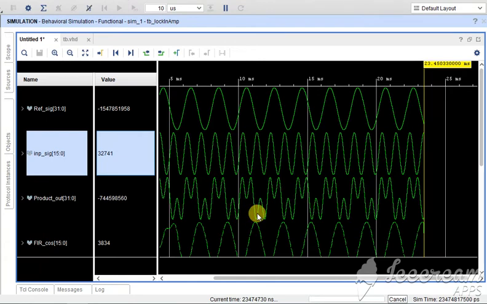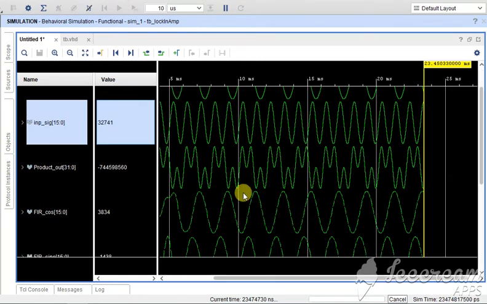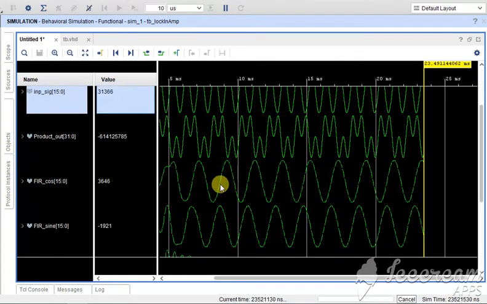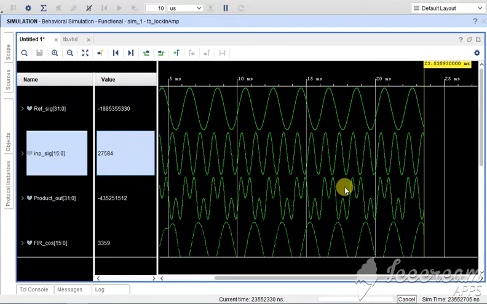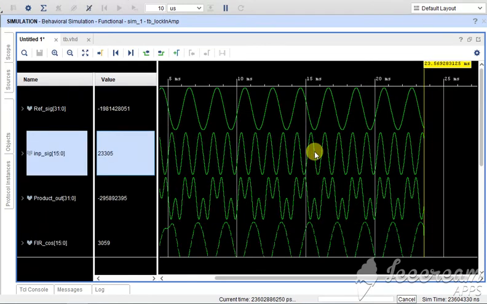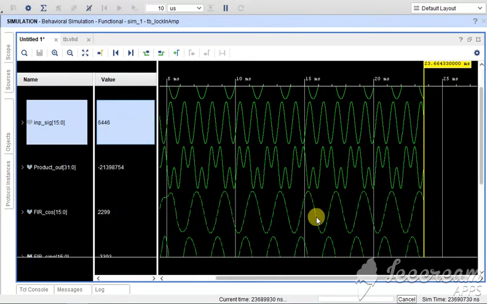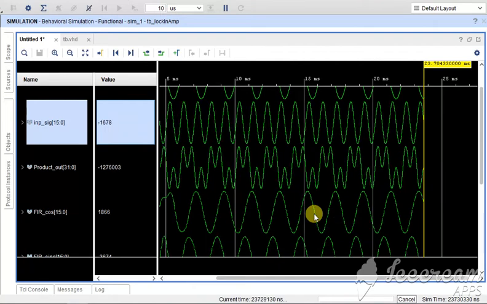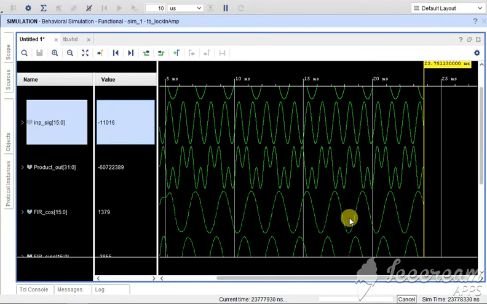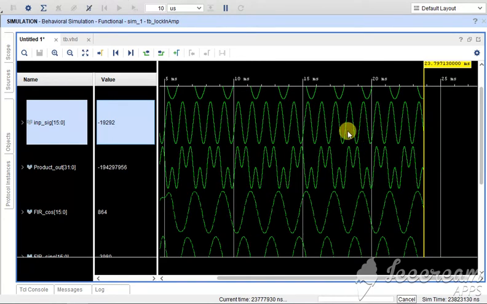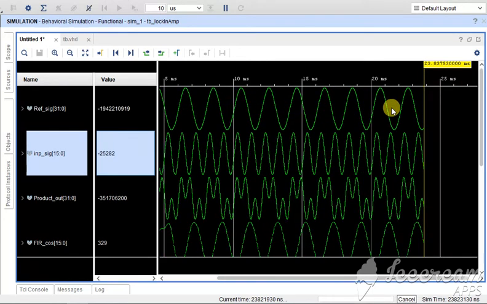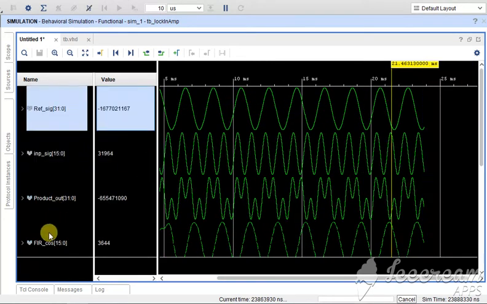Then this product is passed through the FIR filters, and we can see that after multiplying we have two components: 1 plus 2 is equal to 3 kilohertz, and 2 minus 1 is equal to 1 kilohertz. The 3 kilohertz component will be filtered out by the filter, as we know that the cutoff for the filter is about 1 kilohertz. So we are receiving the 1 kilohertz signal. You can see that this signal, the reference signal, and the FIR signal are similar.